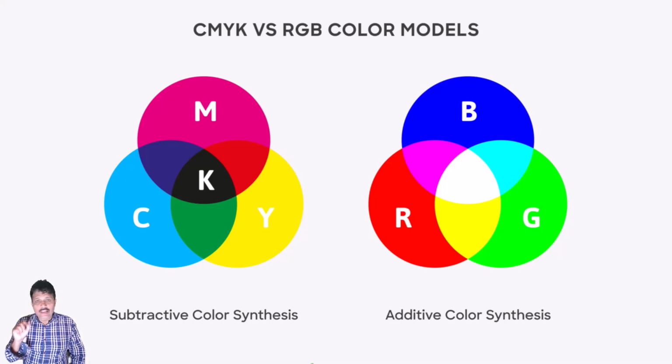Yellow is red and green and cyan is blue and green. So the common color is green. So if you mix yellow and cyan, the color you are going to get is green. Similarly, if you mix magenta and cyan, the color you are going to get is blue.